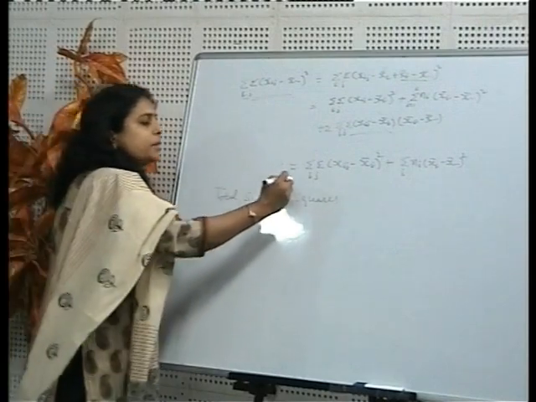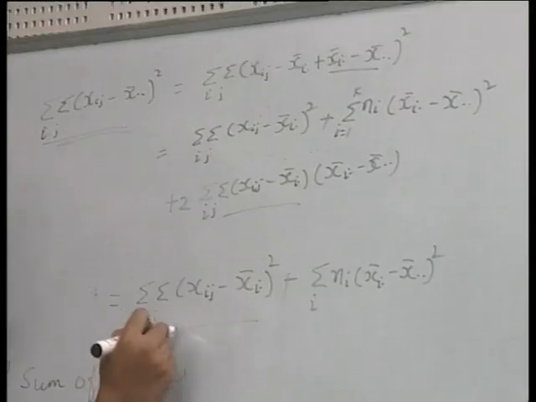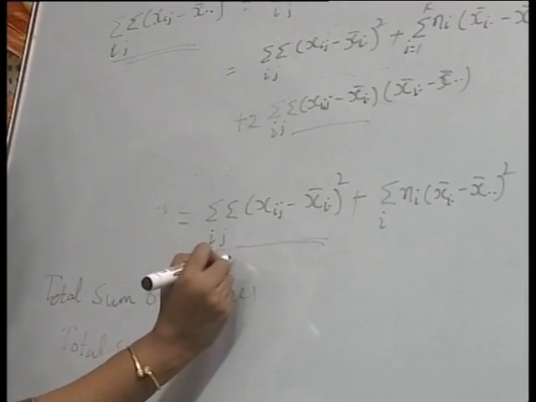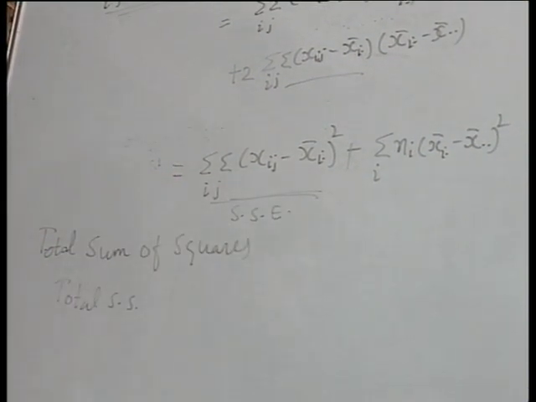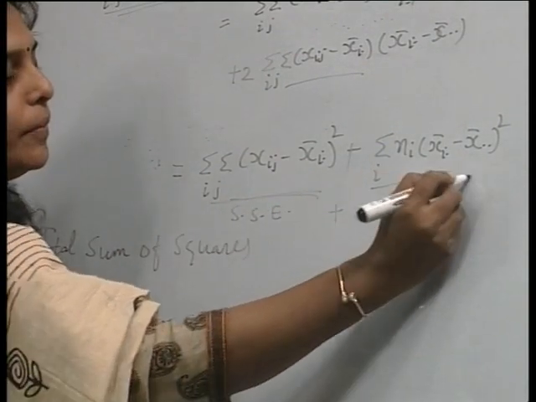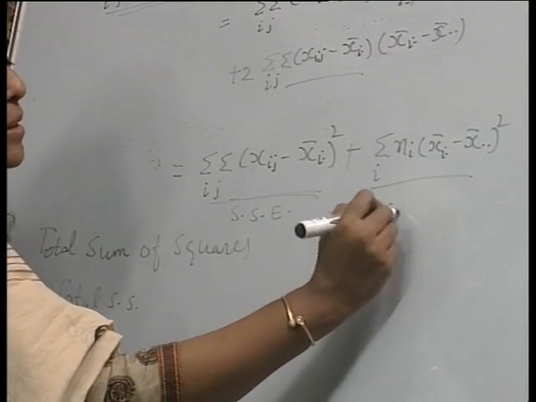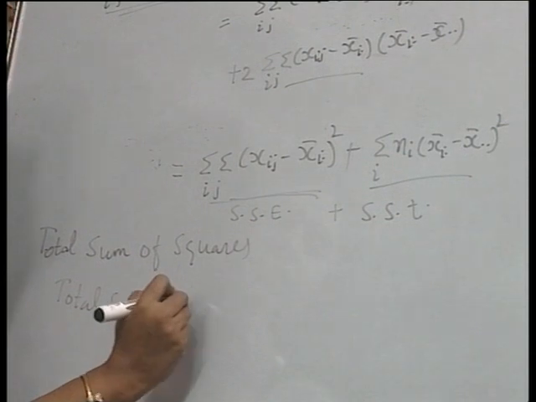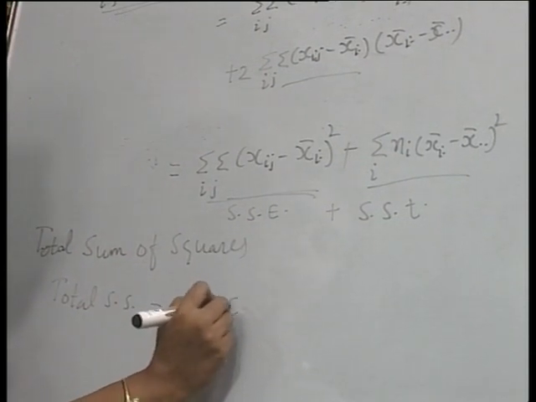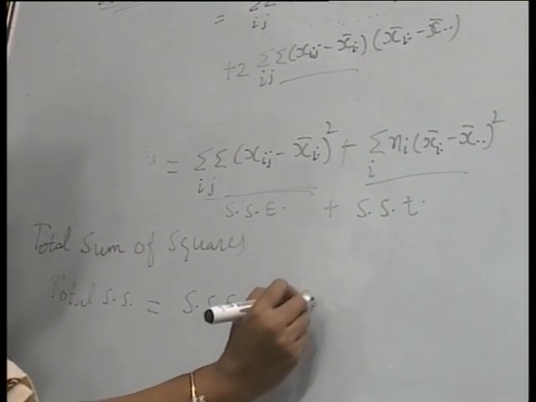The first term on the right hand side is the sum of squares due to error, so we write it in short as SSE. And the second term is the sum of squares due to treatments. So thus total sum of squares is divided into two parts, sum of squares due to error and sum of squares due to treatment.